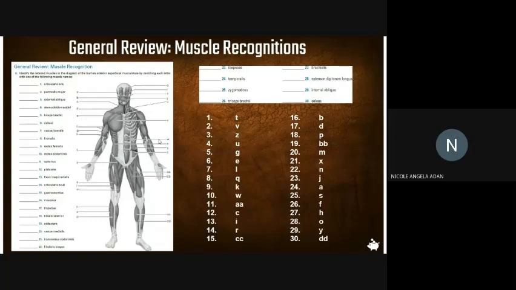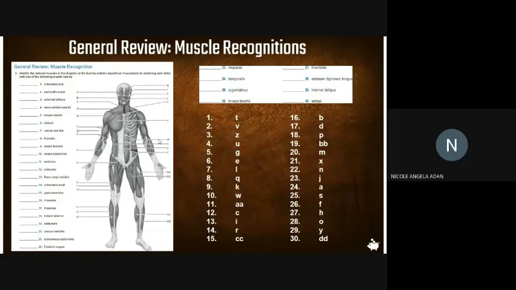16, masseter, letter B. 17, trapezius, letter D. Number 18, tibialis anterior, letter P. Number 19, adductors, BB. Number 20, letter M, vastus medialis.